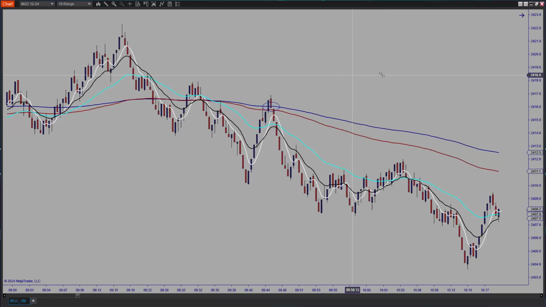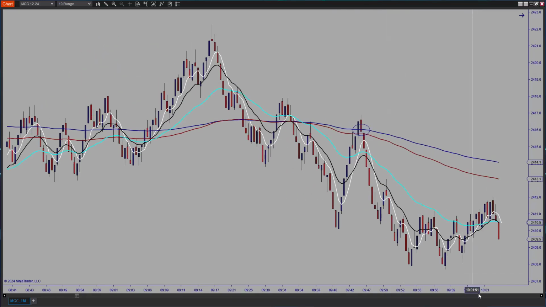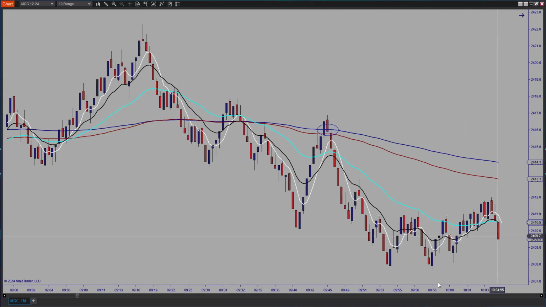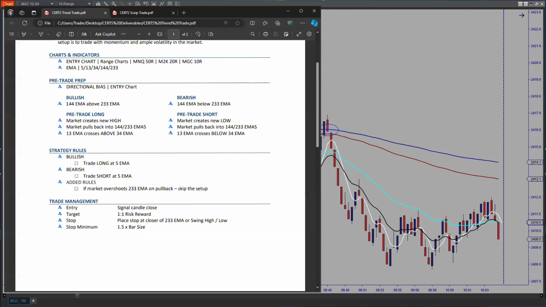All right, let's keep going. Here we go. So this one, the 13 crossed above and back down. Can we trade this? Yes or no? Is that one valid or not? No. Why not?